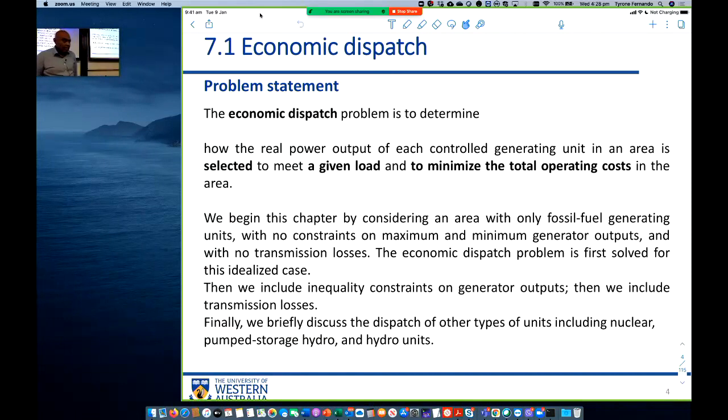Then there are other generators that you need to dispatch. They can cost different amounts. There can be gas generators, there can be diesel generators, right? It will be more costly. So economic dispatch is, given a particular load demand, which generators are we going to allocate to supply that load.